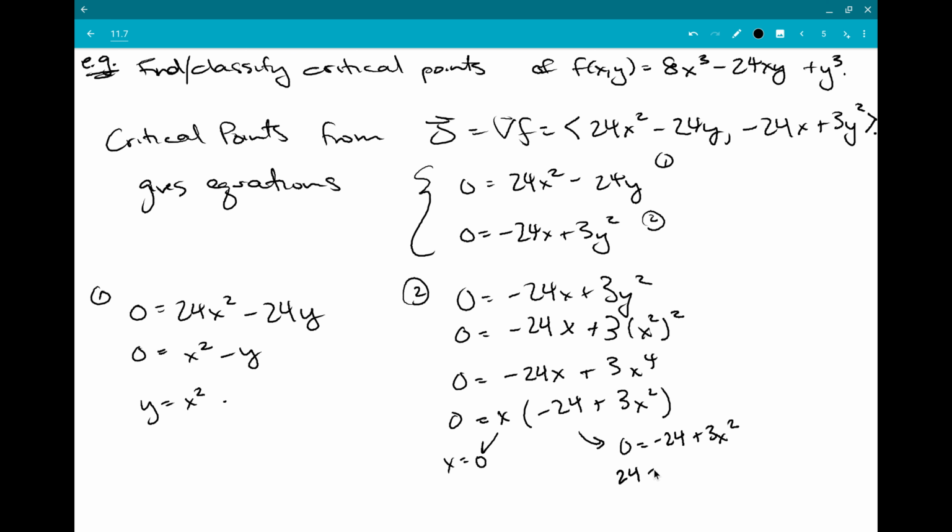And that one gives me 24 equals 3x. Oops, sorry, that's not squared, that's cubed. Cubed, 8 equals x cubed. That is the one cubic thing I know. That means that x is equal to 2. So I got two different solutions for x from this. Either x is 2 or x is 0. So from y equal x squared, I can get the point 0, 0.